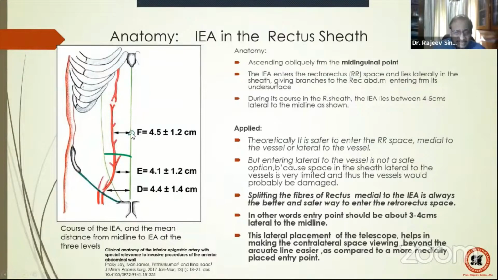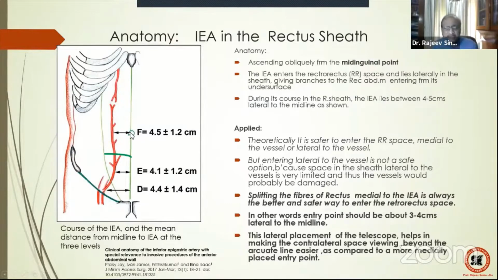So, from the midline, this is the midline umbilicus, the distances have been measured. This was a very good study done in, I think, 2017. And these are the distances of the inferior epigastric artery from the midline. So 4.1 plus or minus 1.2 centimeters, and inside the sheath 4.5.